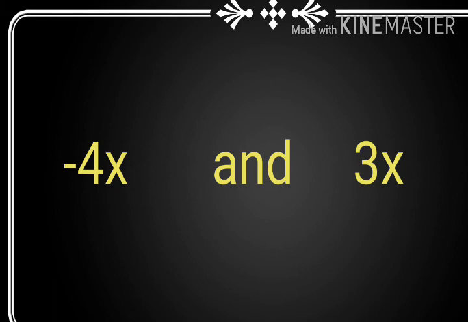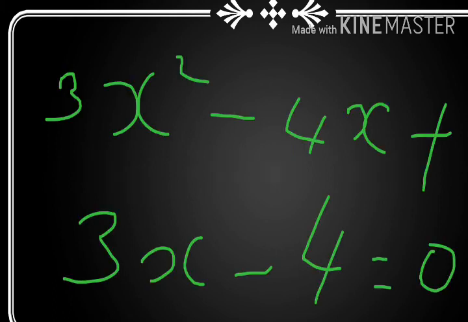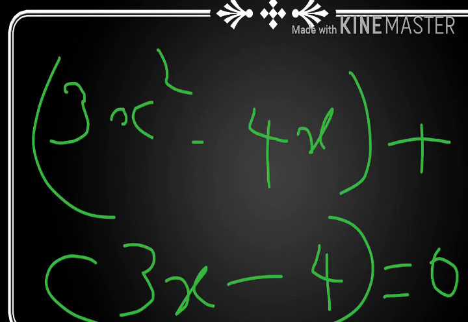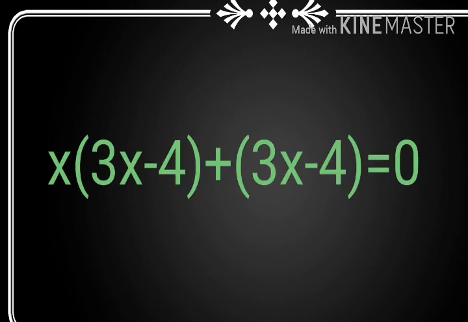So we can split the middle term as 3x square minus 4x plus 3x minus 4. Now we can group them: 3x square minus 4x in one group, 3x minus 4 in another group. Then take the common factor from each group. So x into 3x minus 4 plus 1 into 3x minus 4.